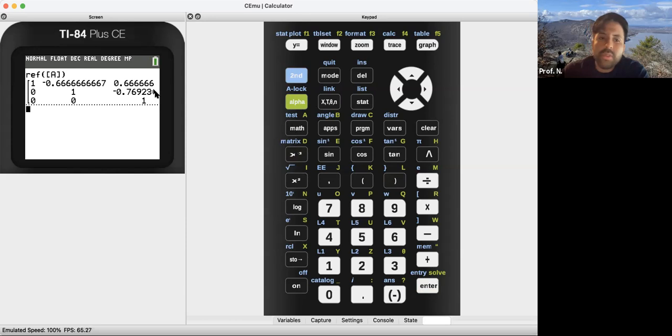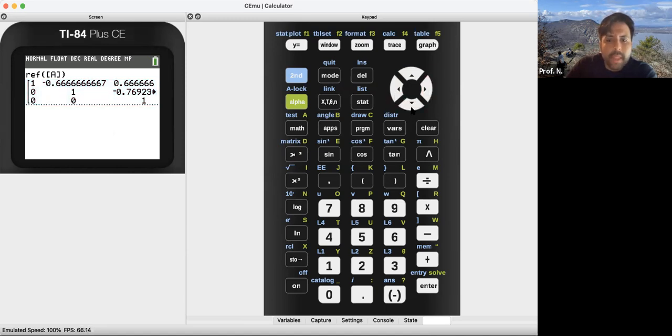Remember what I told you, REF is not unique, there are different row echelon forms of a matrix. It's not always the same. And so this is my REF. You can't really see the rest of it.